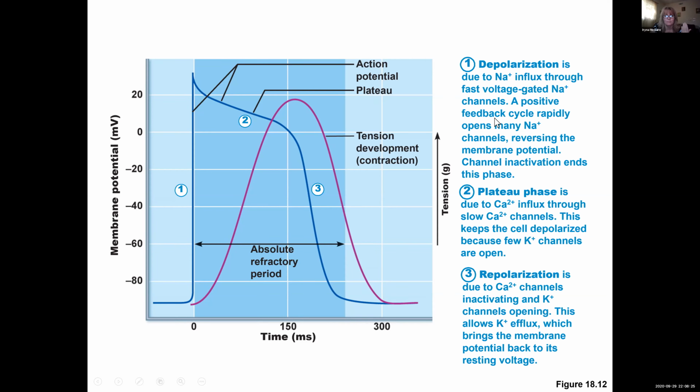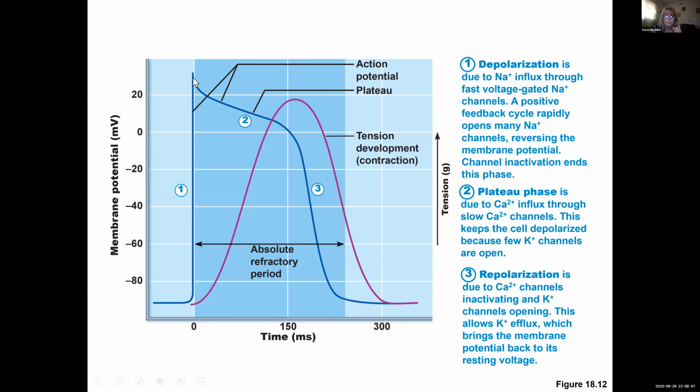Some channels open and cause even more channels to open. So we have very fast sodium influx, and the voltage goes towards zero and positive.